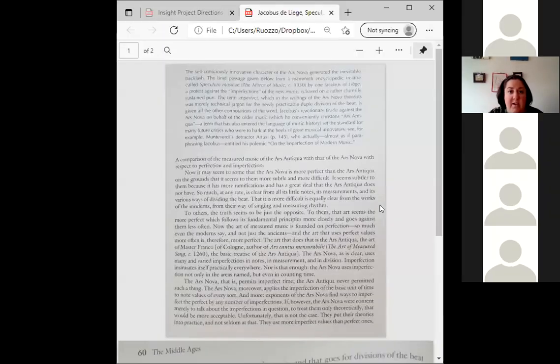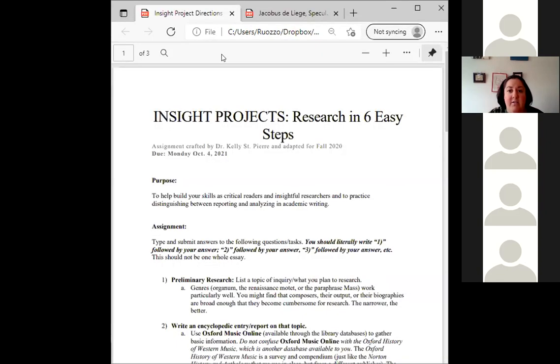So if you go to where you find the syllabus, you will find this exact same PDF describing what the Insight project is. So this assignment, can everyone see the PDF at this point?